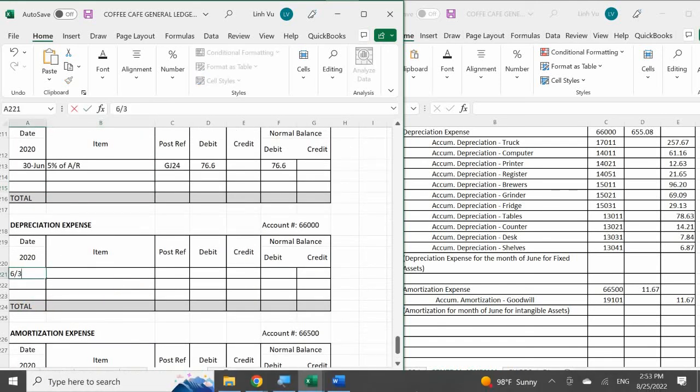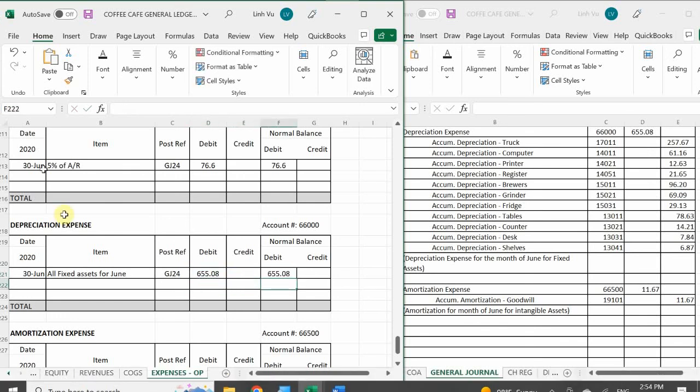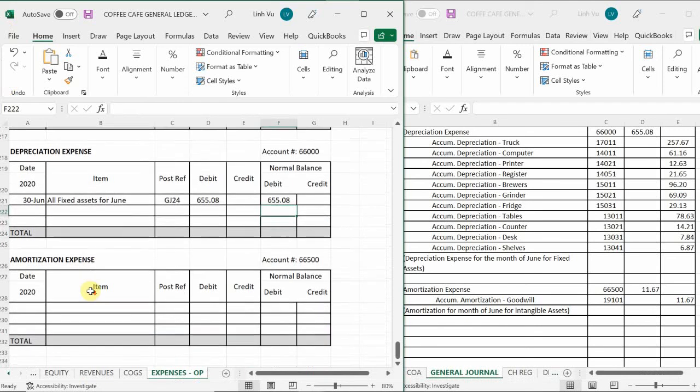Okay, so you don't have to list them all out, but you could just say all fixed assets for June. Okay. For a grand total of $655.08.